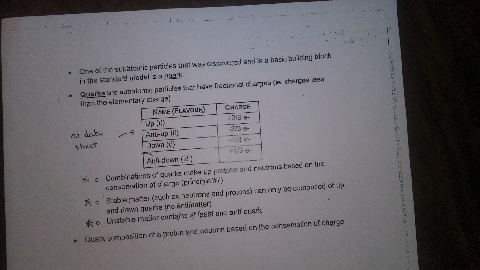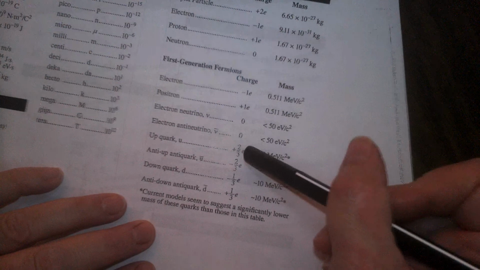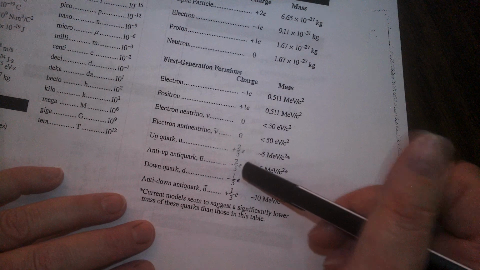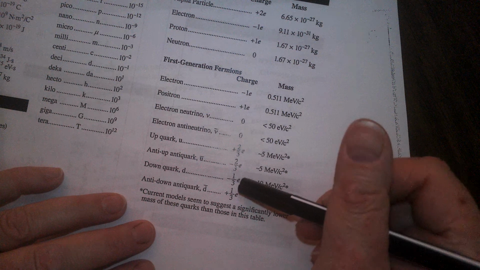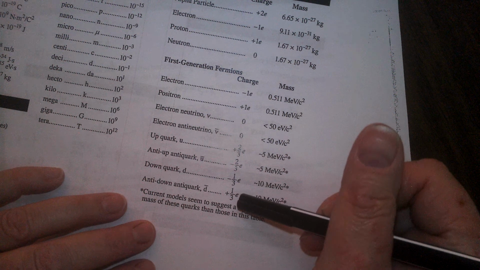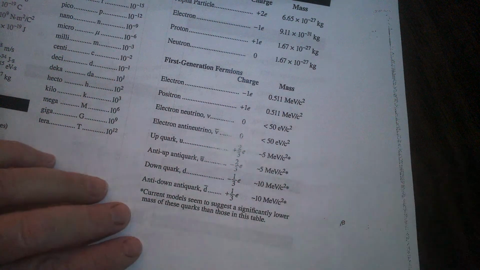So on your data sheet, bottom left, it tells you an up quark is 2/3 of an electron, an anti-up quark is a negative 2/3 of an electron, a down quark is a negative 1/3, and an anti-down quark is positive 1/3. So pay attention because the signs don't line up.